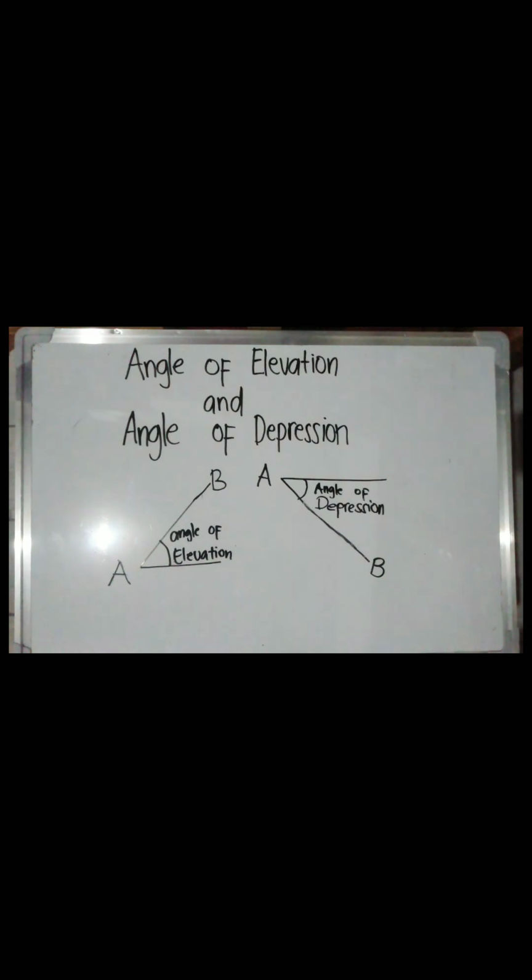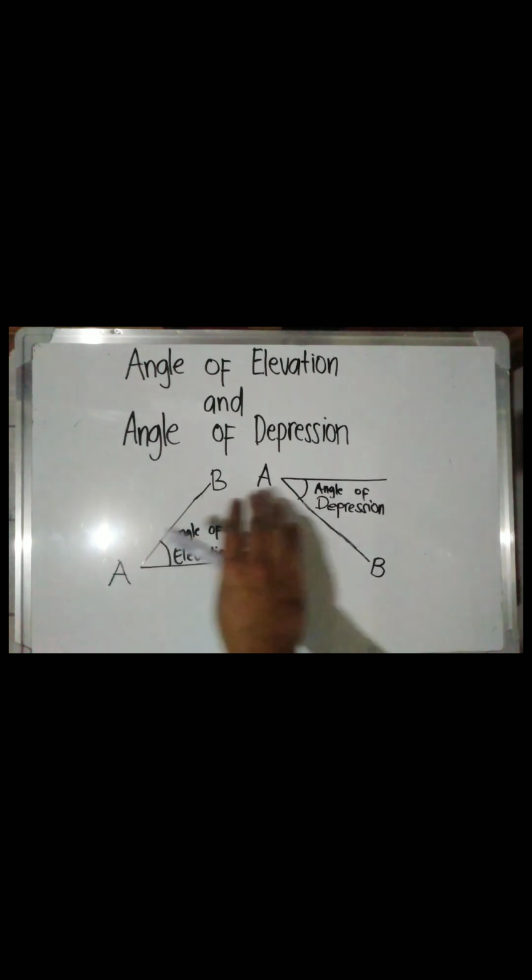To understand the angle of elevation, let's look at these two drawings. Imagine you're standing here at point A and looking up to point B. This is the angle of elevation, when you are looking above the line of sight.